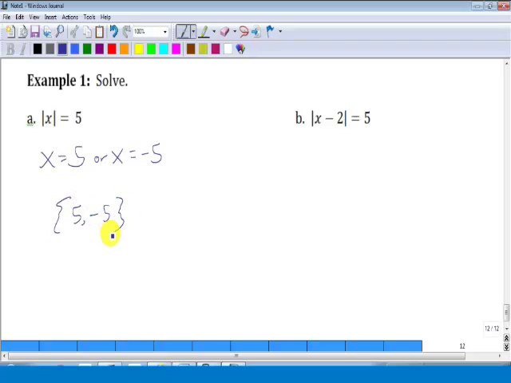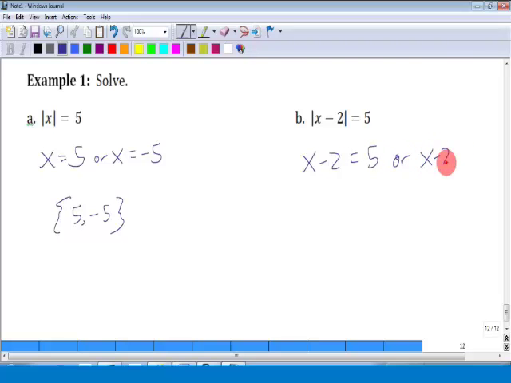Now, if we change the expression inside a little bit, we don't change the fact that what's inside the absolute value bars has to be either 5 or negative 5. If we can find an x that makes x minus 2 equal to 5, like 7, that makes this true. 7 minus 2 is 5, and the absolute value of 5 is 5.